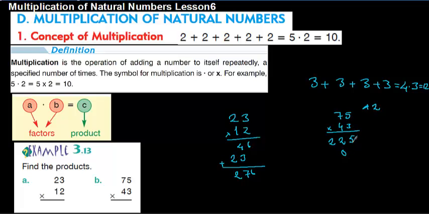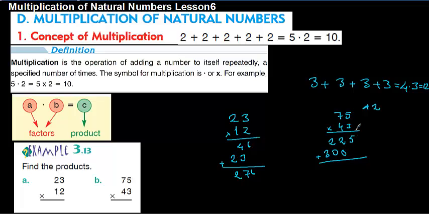And as you remember, I continue one place to the left. 4 times 7 is equal to 28, and we have 2 in our hand, that's 28 plus 2, which is equal to 30. I'm writing this number here.